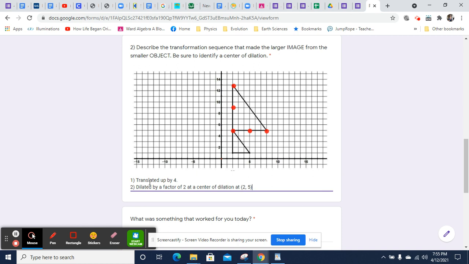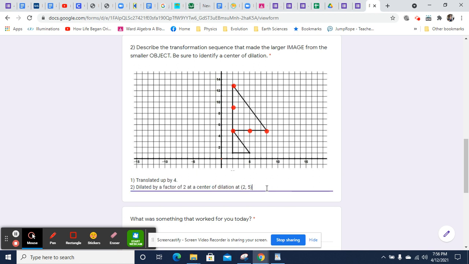Could we have dilated first by a factor of 2 at a center of 2, 5? If we had done that, this point would stay the same place. This point would have gone out to here and then down 4. So it would have ended up here. And this point would have simply gone down 4. So we'd have this triangle here. Then for us to do the translation up, we would have had to translate up by 8.